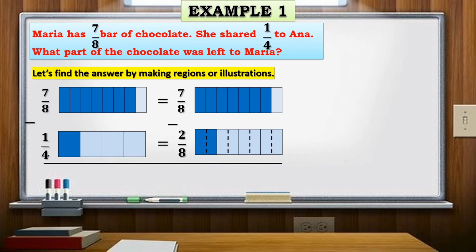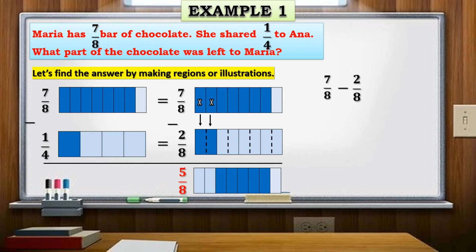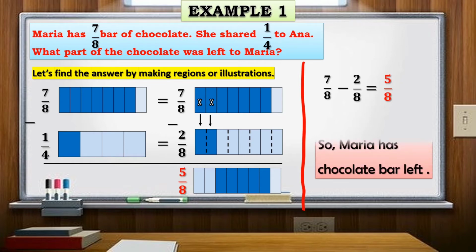So from 7/8, we take away 2/8. It will give us 5/8. Therefore, 7/8 minus 2/8 is 5/8. Our final answer is 5/8. Maria has 5/8 chocolate bar left.